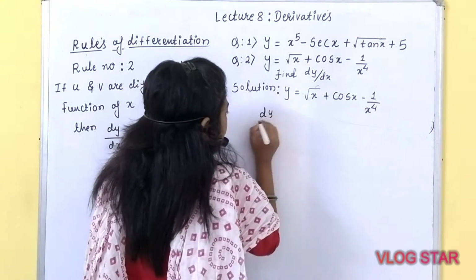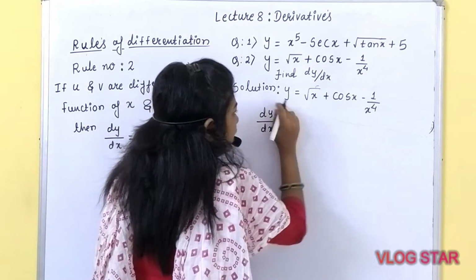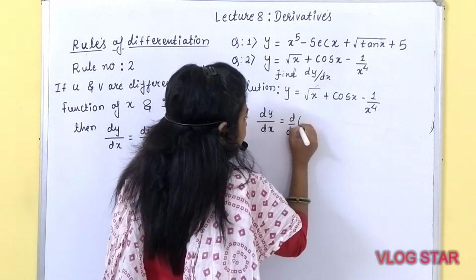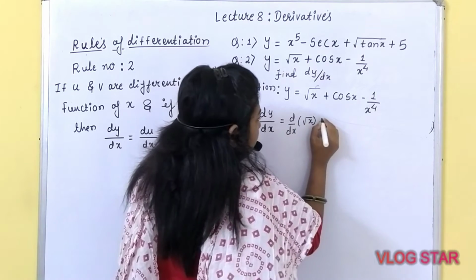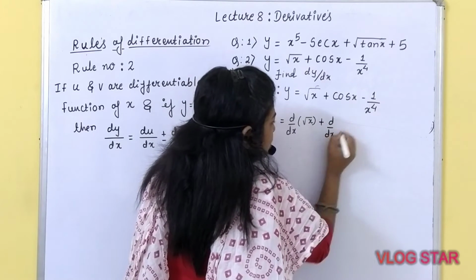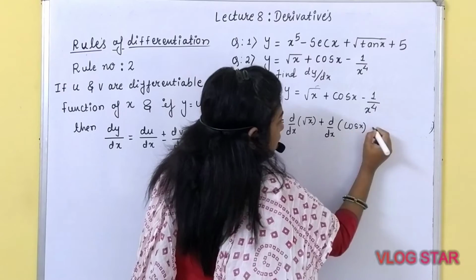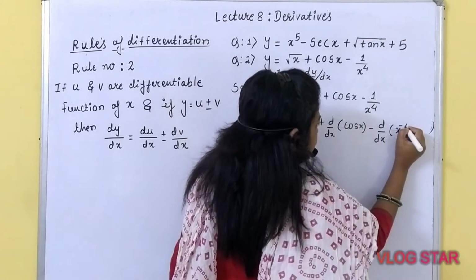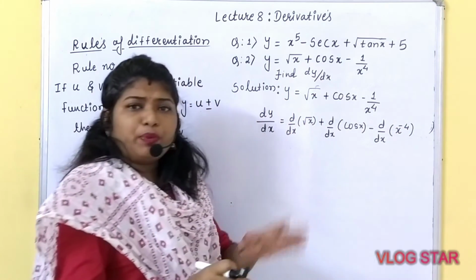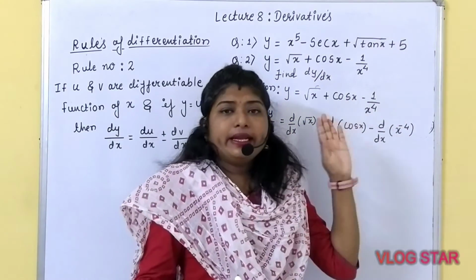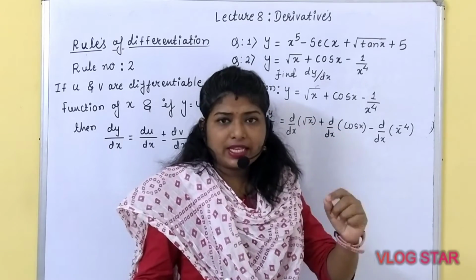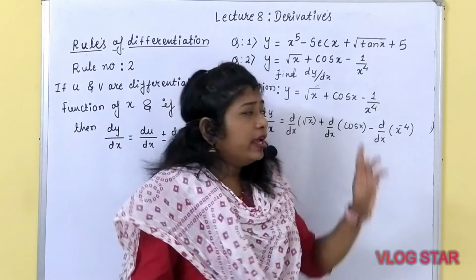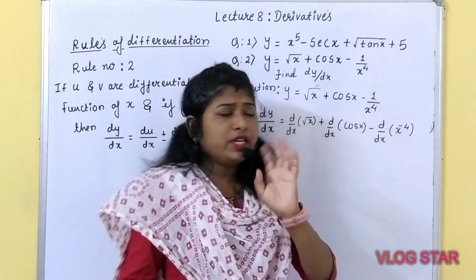The given question you need to write as it is. The next step is to take the derivative of this function with respect to x. So d by dx of the first function plus d by dx of the second function minus d by dx of 1 upon x raised to 4. Can I write x raised to minus 4? It is up to you whether you apply the derivative of 1 upon f of x raised to n or the derivative of f of x raised to minus n. Any formula you can apply, it is your choice.